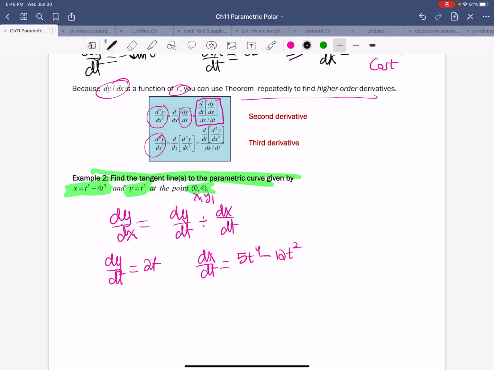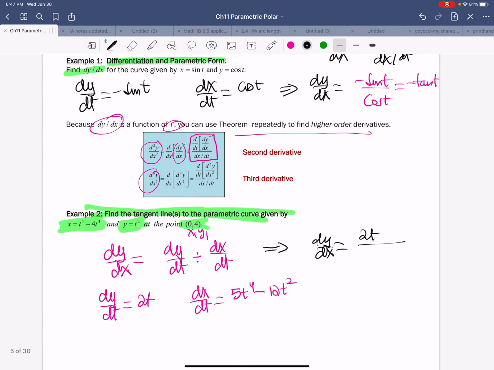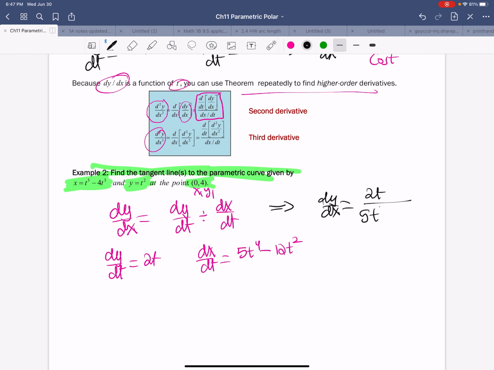So from here I can say dy/dx equals 2t divided by 5t to the fourth minus 12t squared. Okay, that is going to be our derivative in this case.